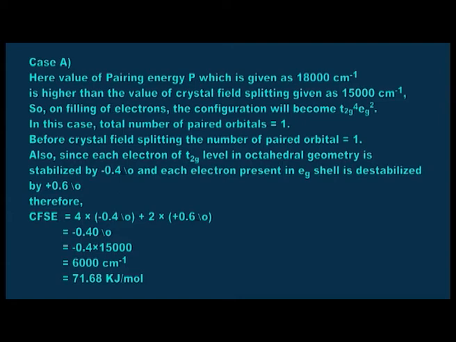That is, the CFSE value would be minus 0.4 into 15,000, equal to minus 6,000 centimeter inverse, and when you convert centimeter inverse into kilojoule per mole, the value will become 71.68 kilojoule per mole.